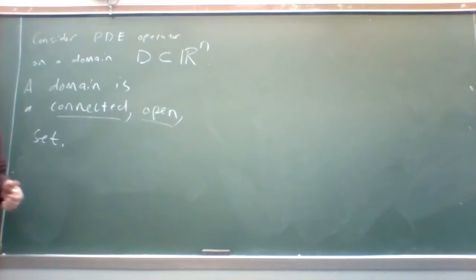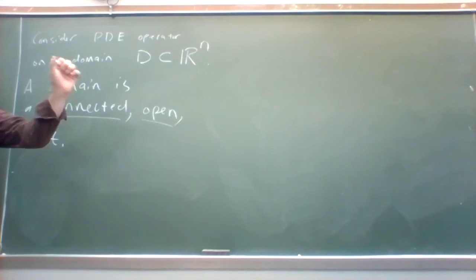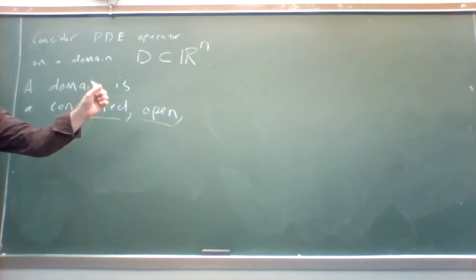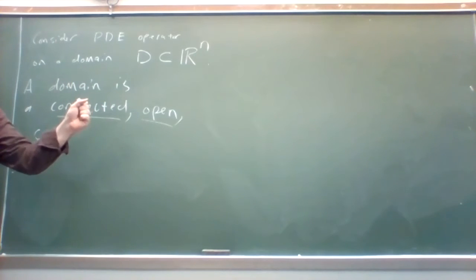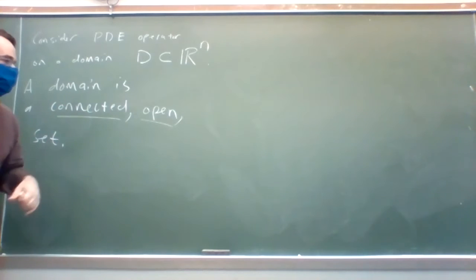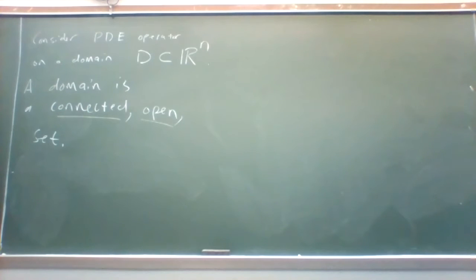Intuitively connected, like if you take an open disk and another open disk and they don't intersect, that's not a valid domain. That's two separate domains, right? So that's your intuition, but the actual definition is maybe a little bit more intricate.